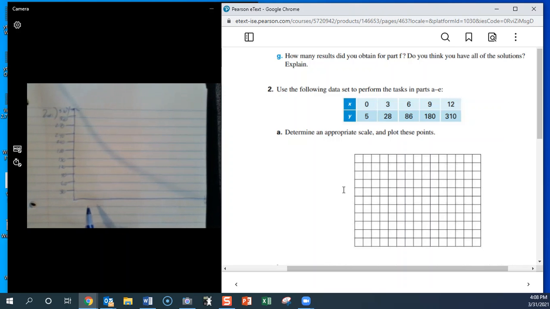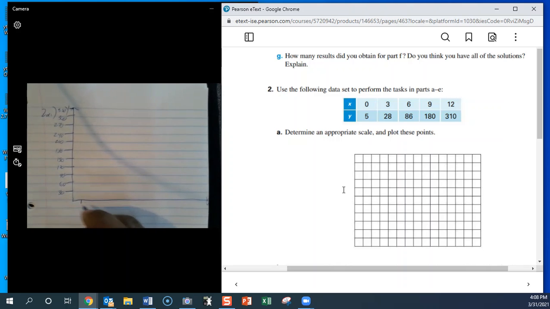And then here down the side, remember we have 15 here. So this would be 1, 2, 3, 4, 5, 6, 7, 8, 9, 10, 11, 12, 13, 14, 15. All right, so this is basically it, and this would be the 0 for both of them. All right, so now we have these graphs here.